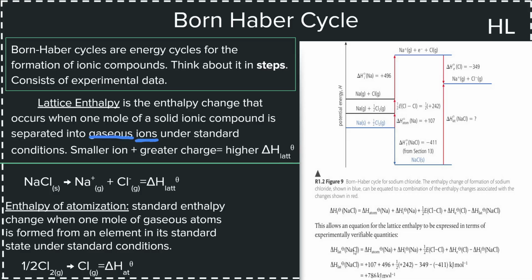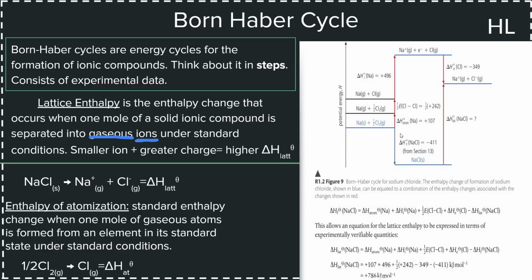We add the delta H of atomization for sodium, the delta H of ionization for sodium, the delta H of atomization for chlorine, and then the electron affinity for chlorine. And then finally, as you can see, we have standard states to the ionic compound.